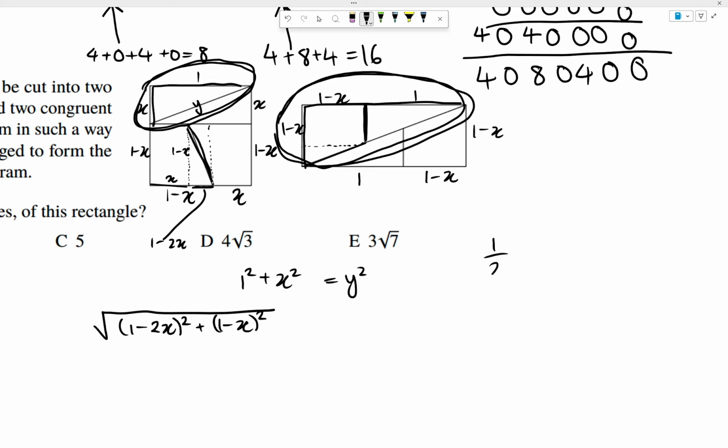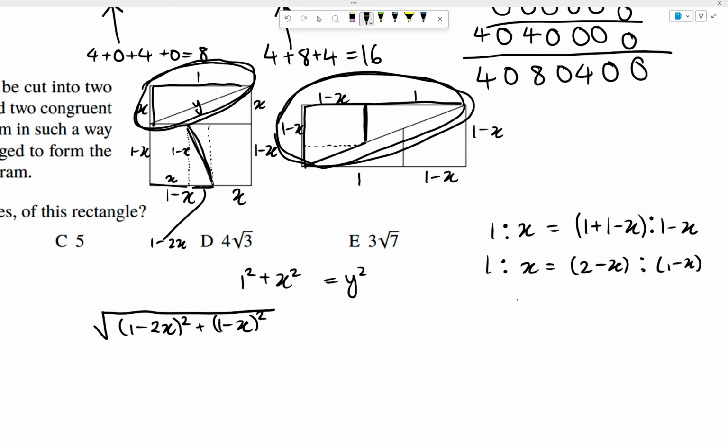So I'll write it as ratios first: 1 to x is equal to 1 plus 1 minus x to 1 minus x. 1 to x is equal to 2 minus x to 1 minus x.